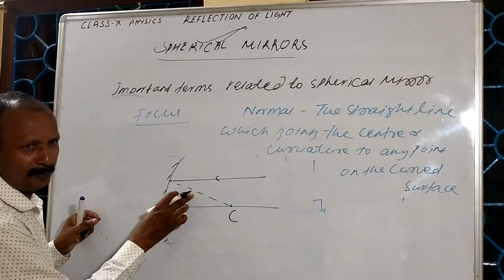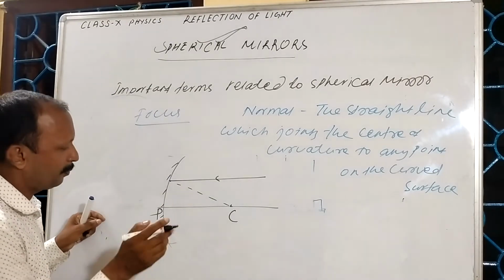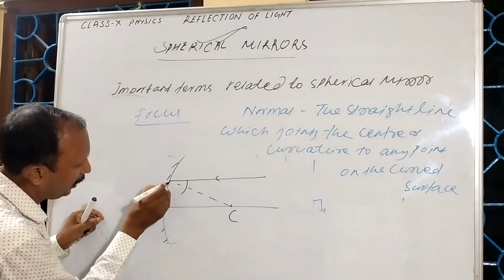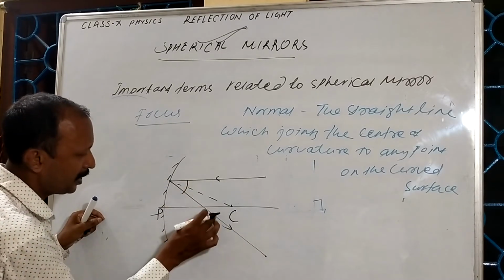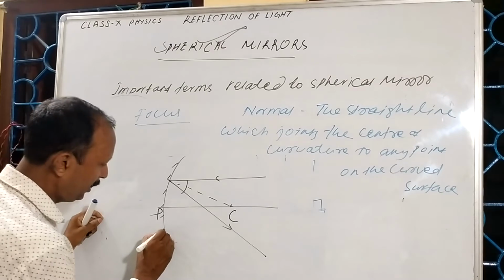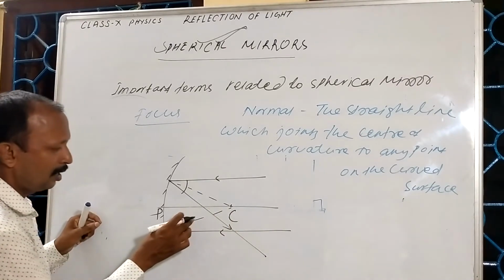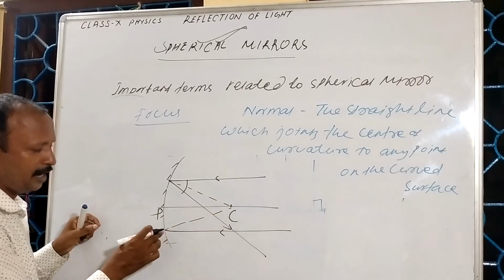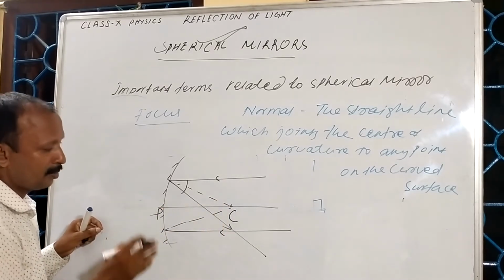This one is the normal. So we know that the angle of incidence is equal to the angle of reflection. Here, I shall draw the same angle. That means this is the incident ray, this is the reflected ray. Similarly, suppose this is the incident ray, this is the normal. A line from the center of curvature to any point on the spherical mirror is a normal.